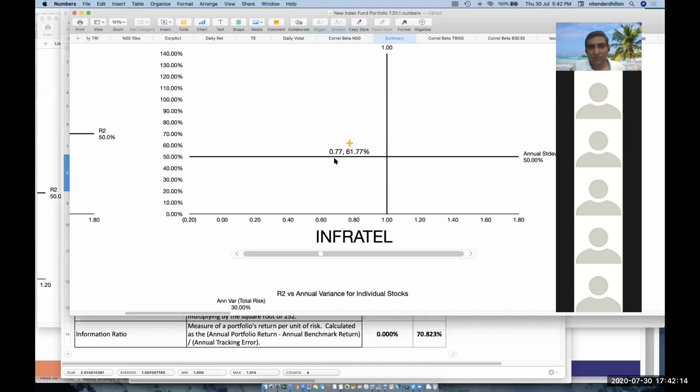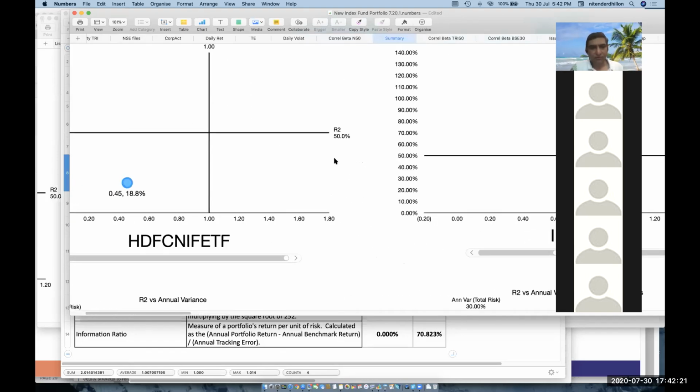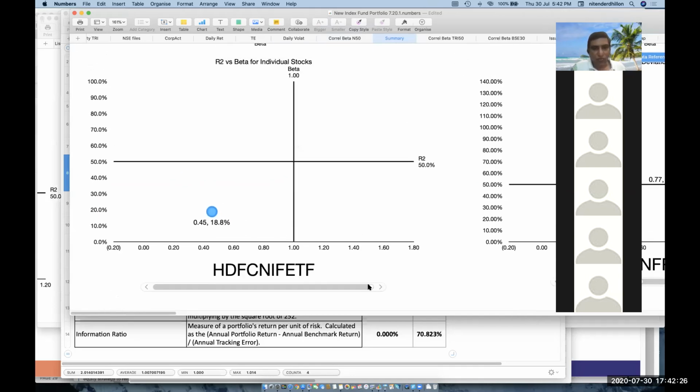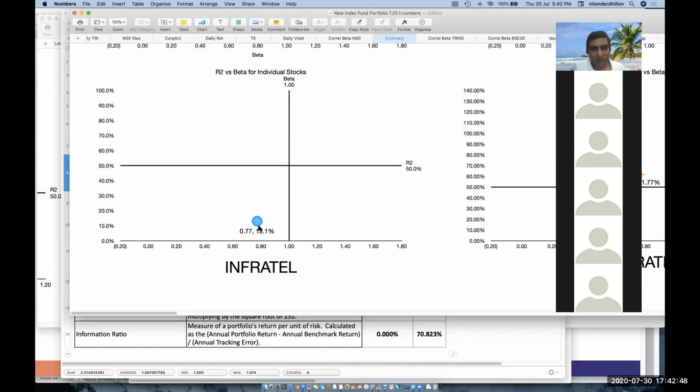Is Infratel a defensive stock? No. Why no? Because it has high volatility in price. Yeah, but now if I combine it into a portfolio, let's see what the R square value is also. The R square value here is 13%. What does 13% mean?